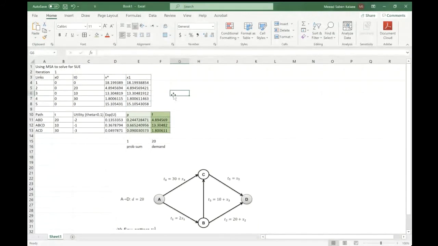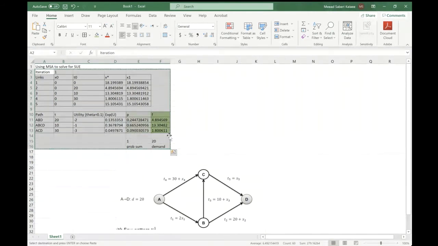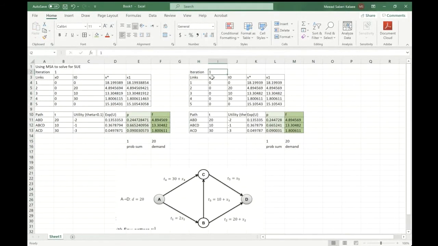So now it's time to go to the next iteration, right? So let's start with iteration 2. Let me take all of this and copy it here, and let's see if everything is going correctly. So this is going to be iteration 2. I want to change this to x1, and this would be x2 again.